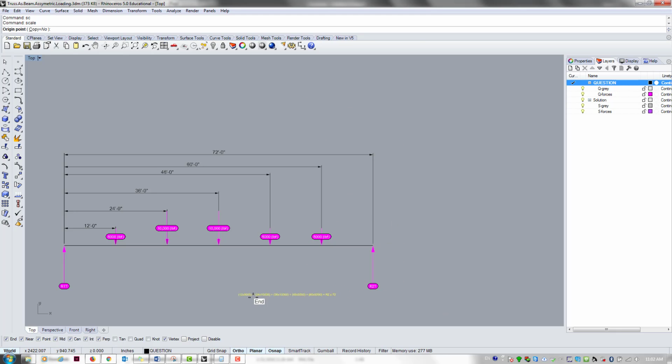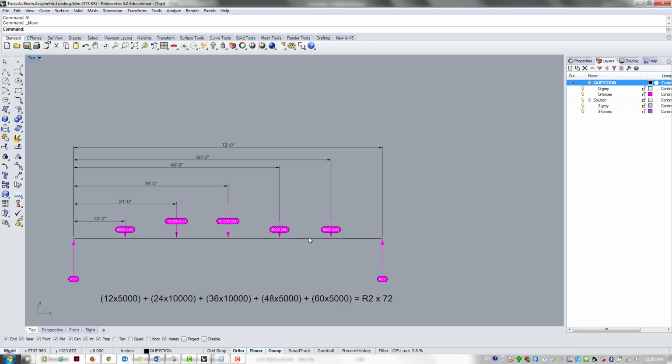Simple calc, but I'm not going to do it.